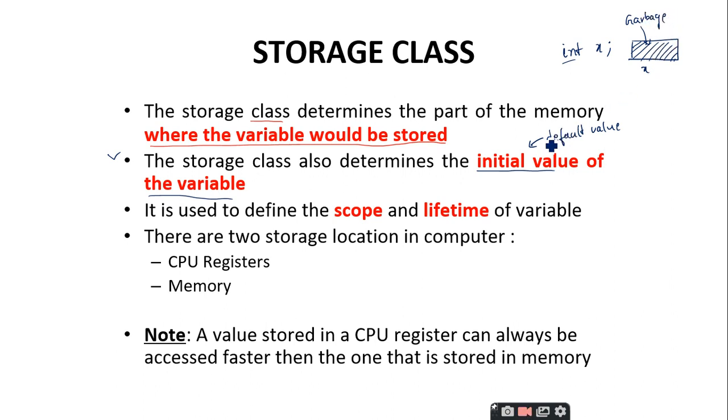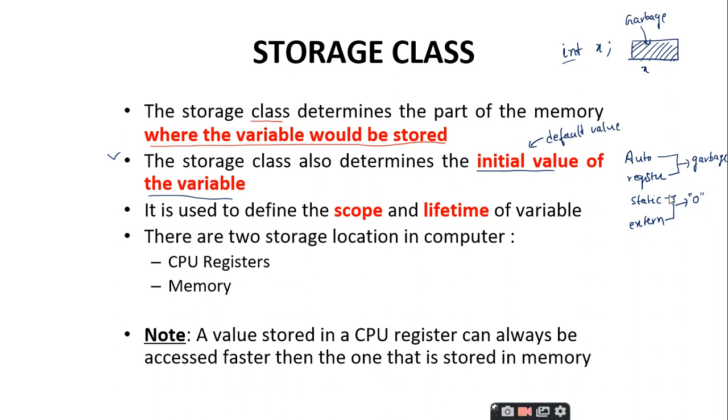Like that, if you consider these four storage classes, one is automatic, another is register, another is static, and the last one is external. Out of these four, auto and register will have garbage values as default. Whereas static and external have the initial value, or default value, as 0.